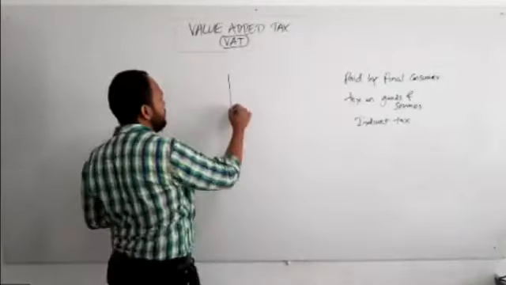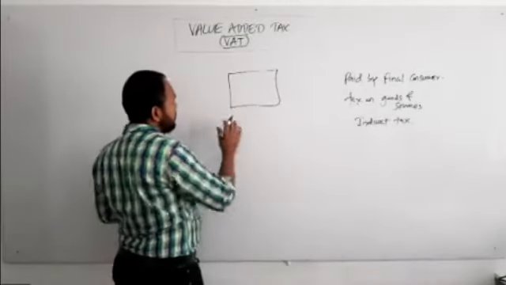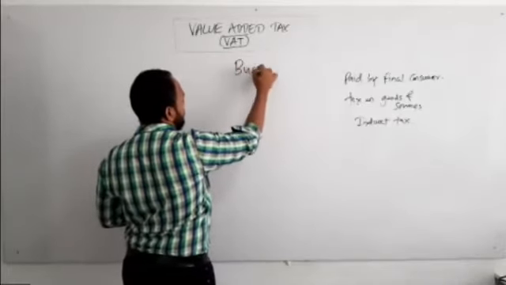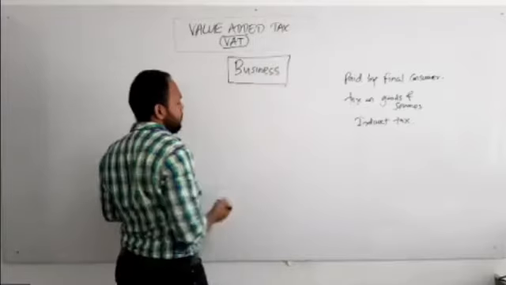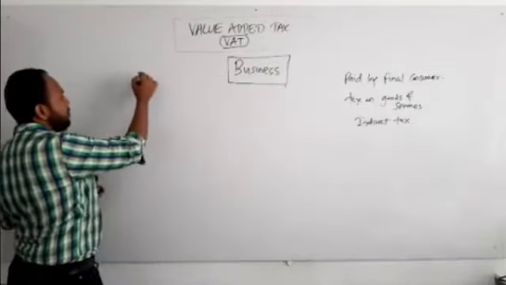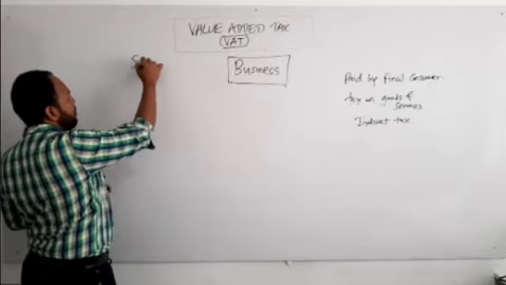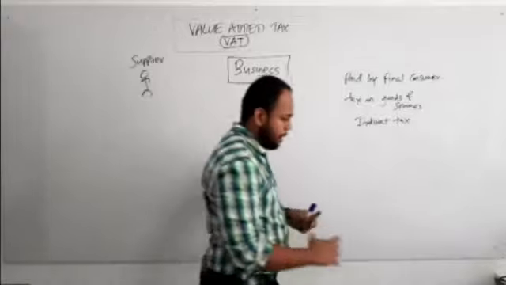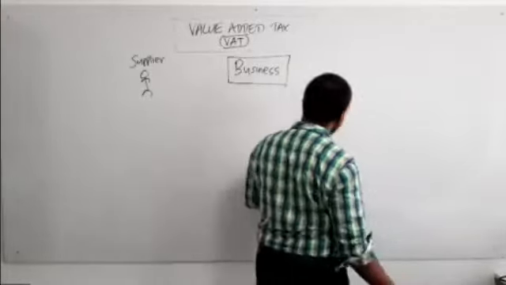I'll explain the concept behind the tax. Assume that we have a business. Here we have the supplier, and on the other side, I draw the customer.